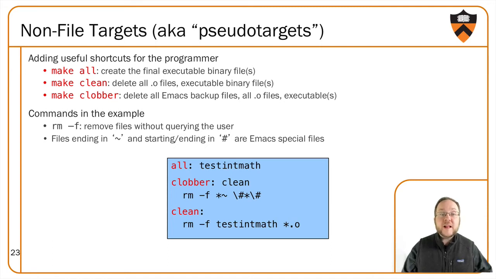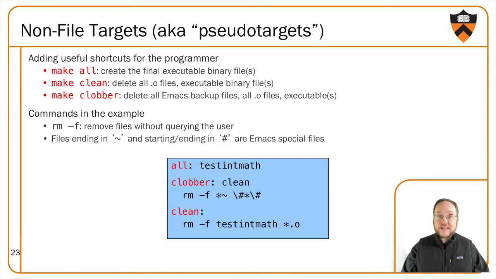So when we do make clobber, make observes that the clobber file doesn't exist, and so it has to be built. So make looks at its dependencies and sees that clean is a prerequisite for clobber. So make goes and says, well, I'm going to make clean, and I observe that the clean file doesn't exist.